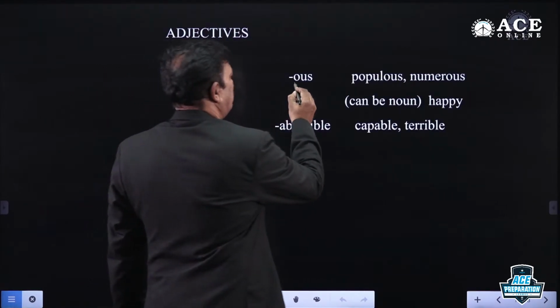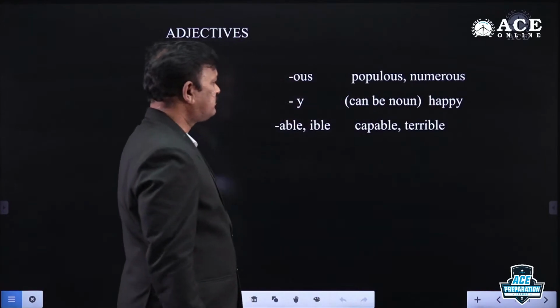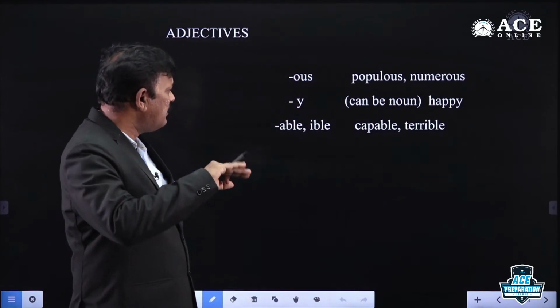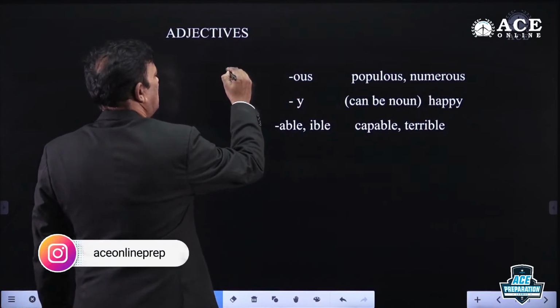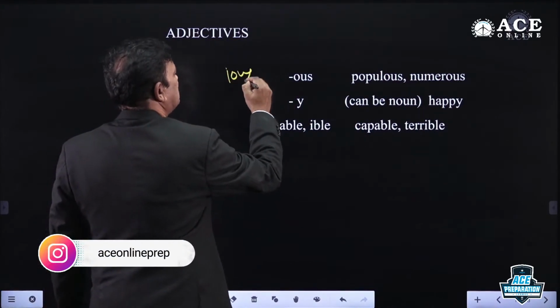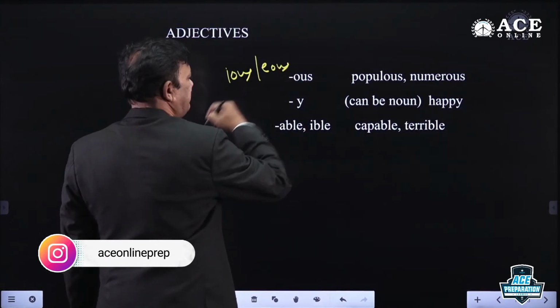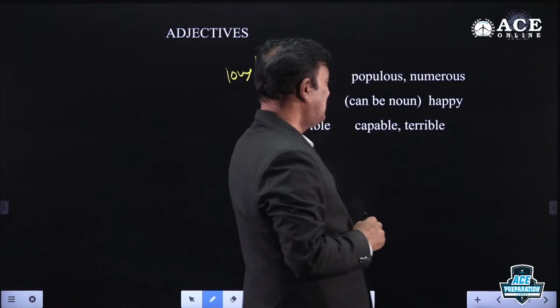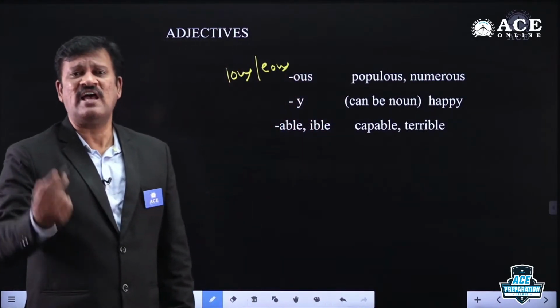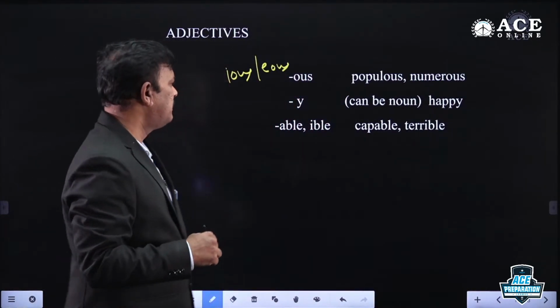Another very frequently used one is IOUS, EOUS, OUS. IOUS, it's only a difference of the spelling: populous, numerous, dangerous, vivacious, something like this.